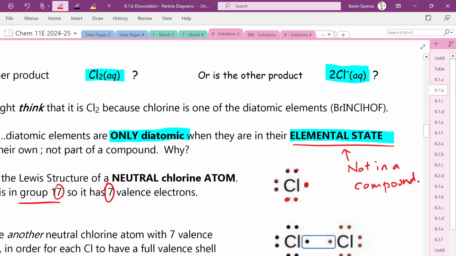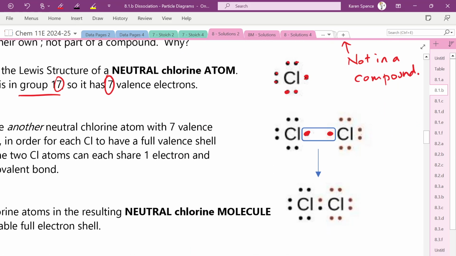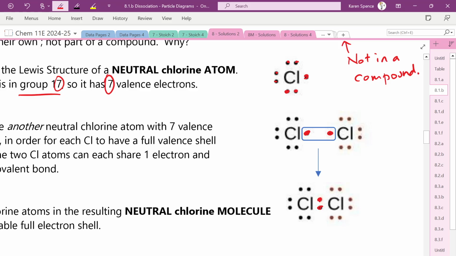Is that a full stable shell? No. So what chlorine does is it buddies up with a little partner, and they say, I will share an electron with you, and you will share an electron with me, and we will both be very, very happy. Yes? So here we have those electrons being shared. That is our single covalent bond.